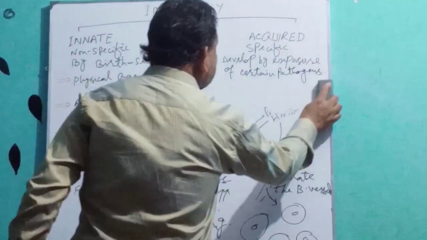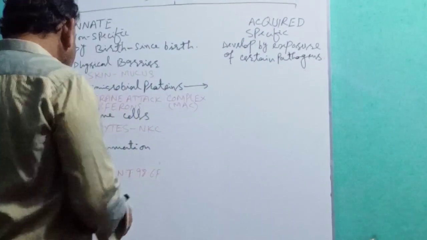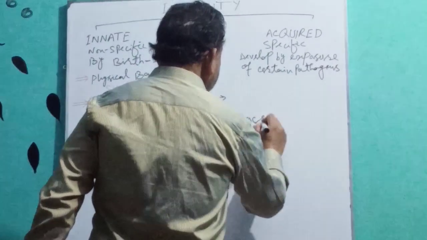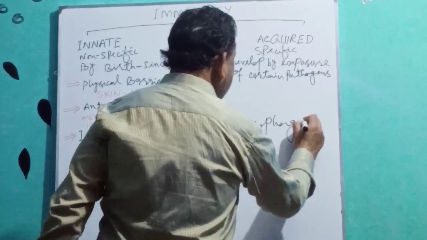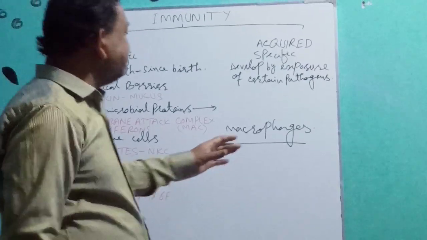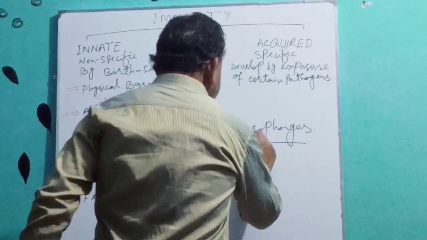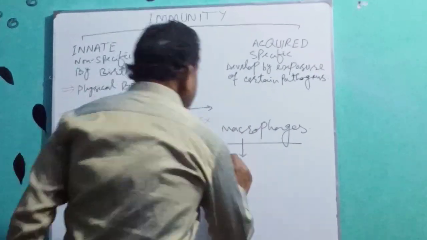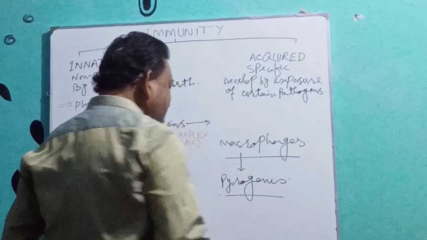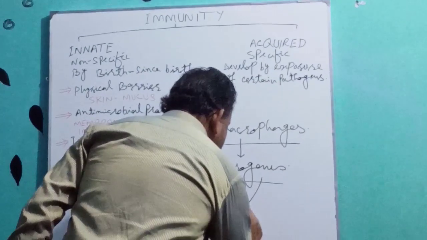The last one is the fever. The fever is also part of the innate immunity. When macrophages are activated due to engulfing the microorganisms, they release some chemicals which are known as pyrogens. The pyrogens come in blood and reach the hypothalamus.